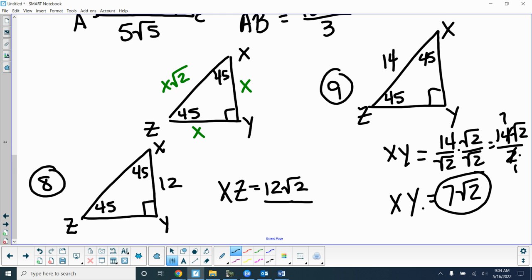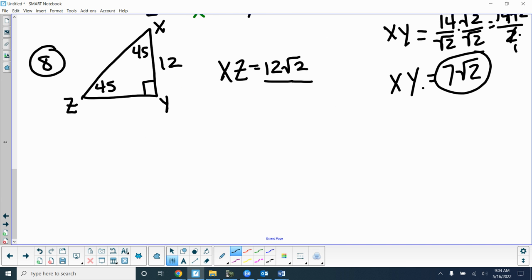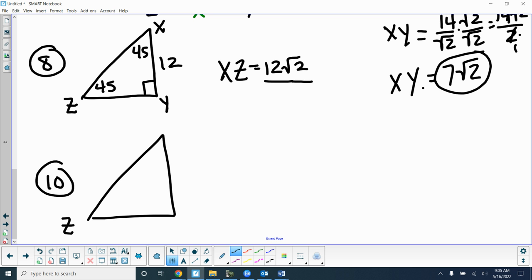All right, and the last one. Still 45, 45, 90. Still Z here. Y here. And X here. And this time, we know YZ is 5 radical 5. And you're supposed to find XZ. So what do we do with the side to get to the hypotenuse?